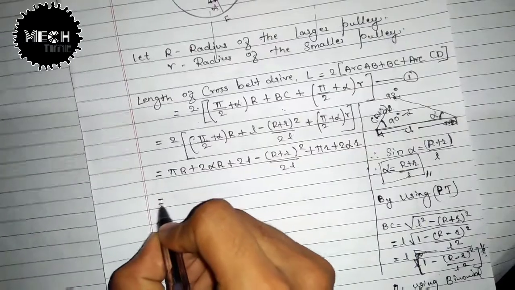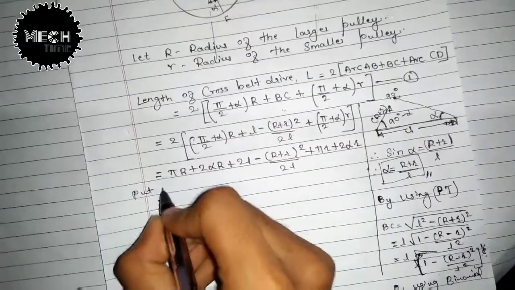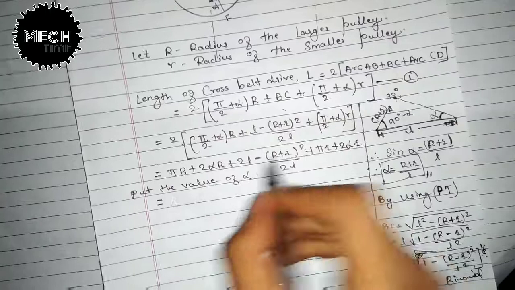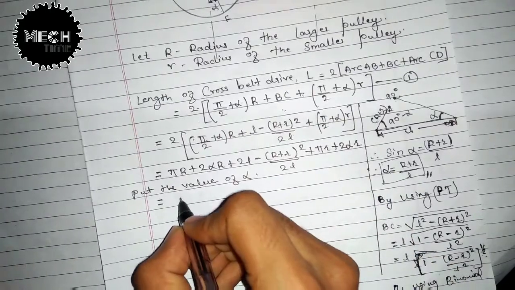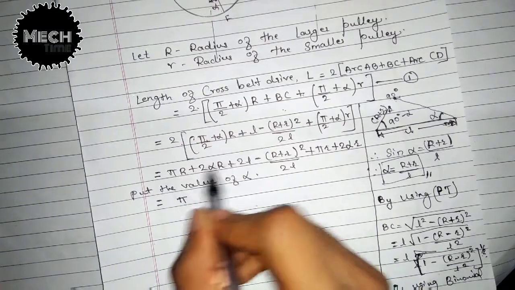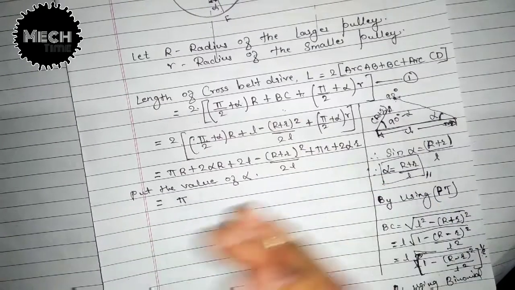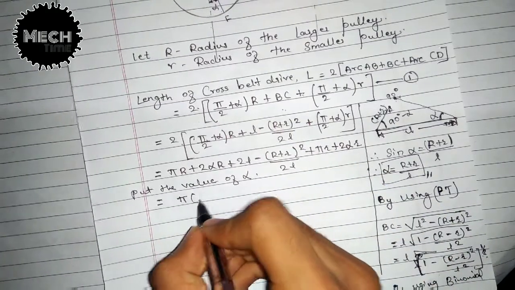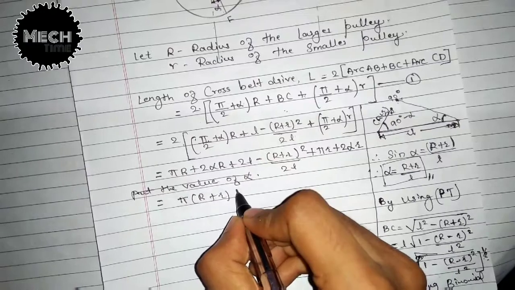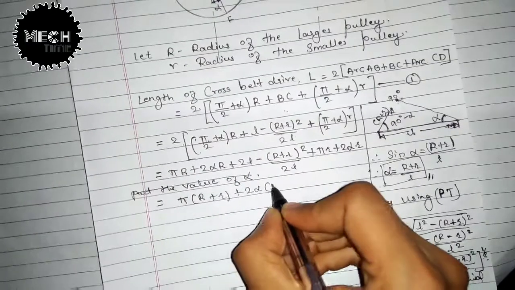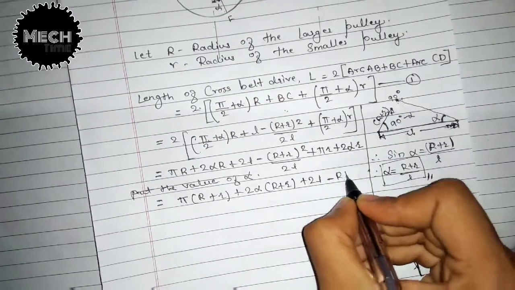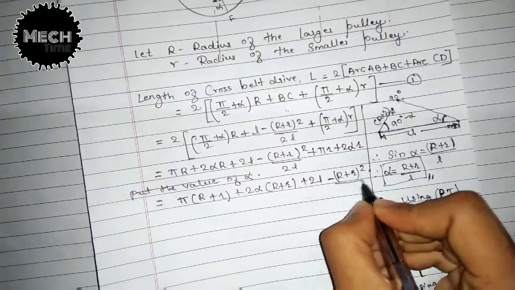I take the pi terms aside and the alpha terms aside, so it will be pi (capital R plus small r) plus 2 alpha (capital R plus small r) plus 2L minus (capital R plus small r) whole square by 2L.